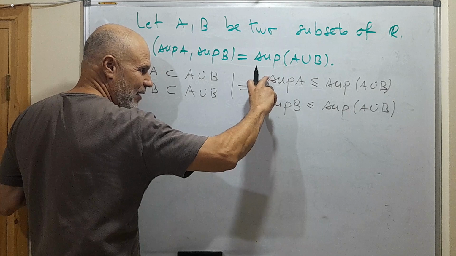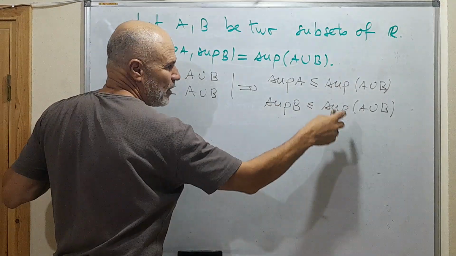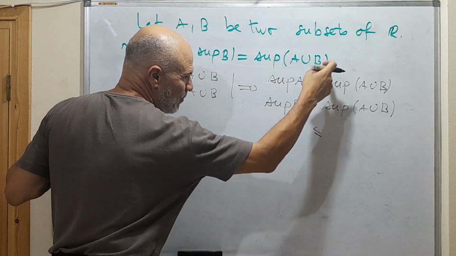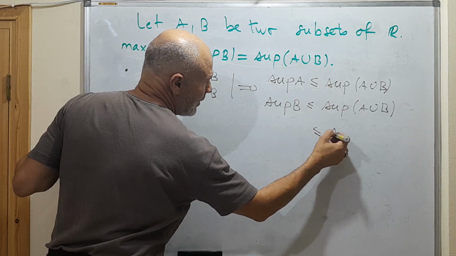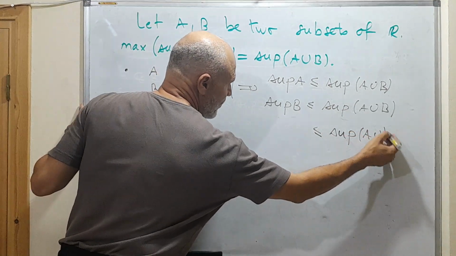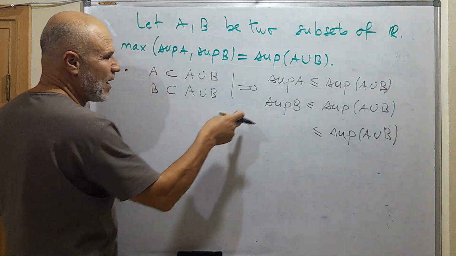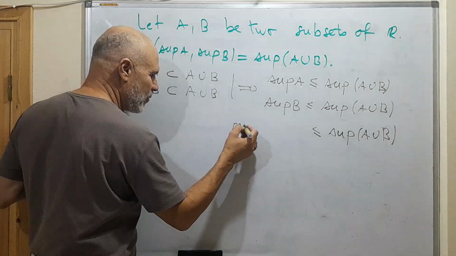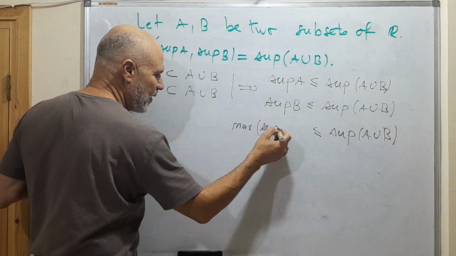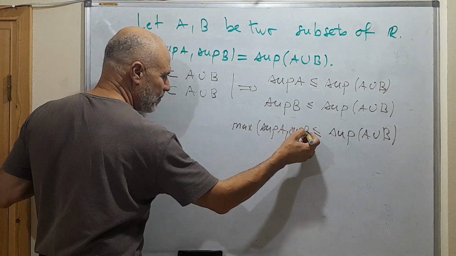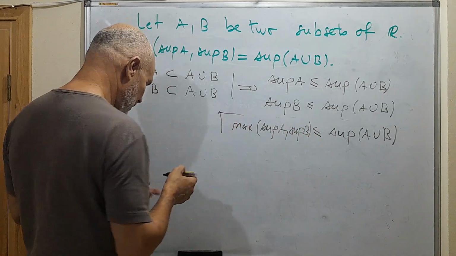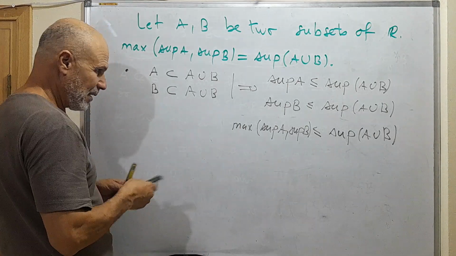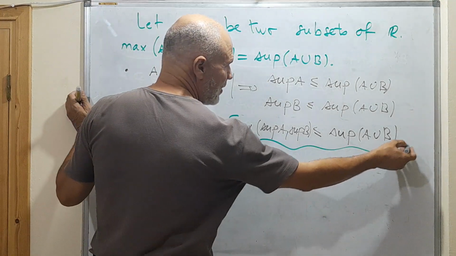So we have this first inequality: the maximum of the supremum of A and the supremum of B is less than or equal to the supremum of A union B.